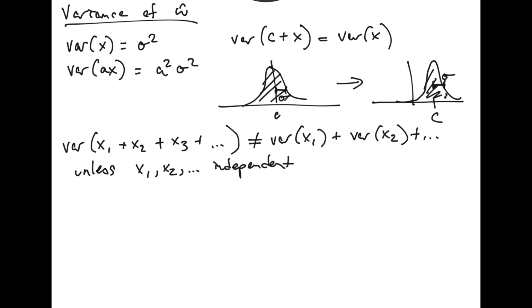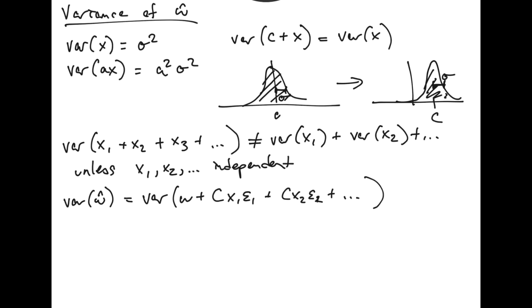Okay, so using this, we can now find the variance of w hat. The variance of w hat is equal to the variance of just our expression from before. So it's w plus c x1 epsilon 1 plus c x2 epsilon 2 and so forth. The first thing we see is we don't have to consider the w because the w is a constant.